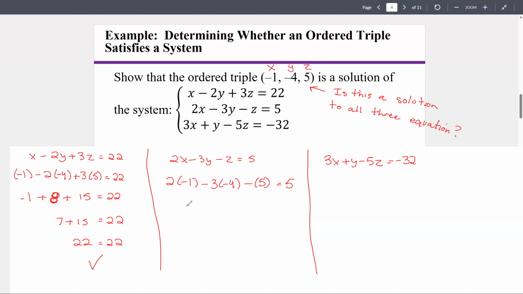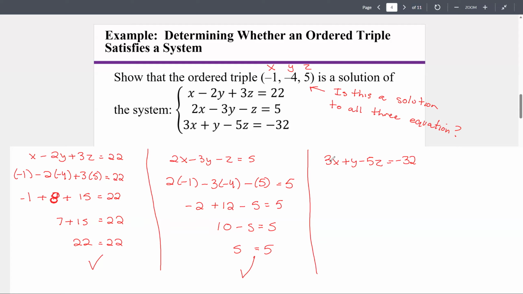So we have 2 times negative 1, so that's negative 2. Negative 3 times negative 4 is positive 12. Minus 5 equals 5. So this is just 10 minus 5 equals 5, or 5 equals 5. So negative 1, negative 4, and 5 are a solution to 2x minus 3y minus z equals 5.